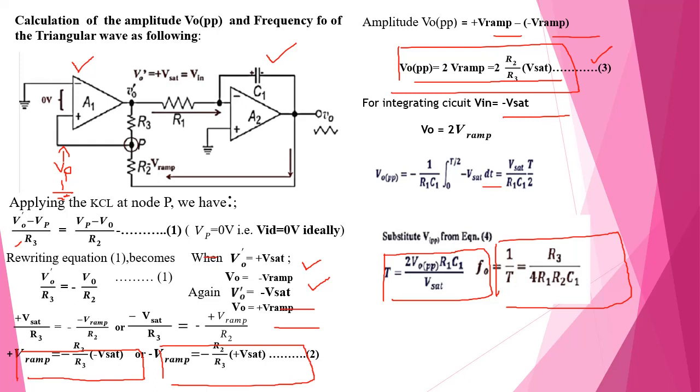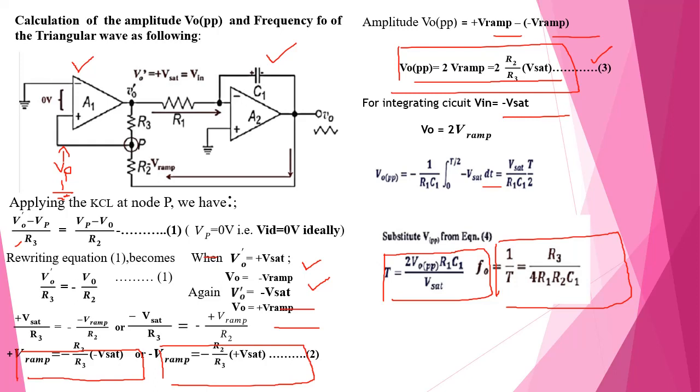That is equation number 1. Vp equals 0 because Vid is ideally 0, since the differential input voltage of the op-amp is 0, so the voltage at this point Vp equals 0.